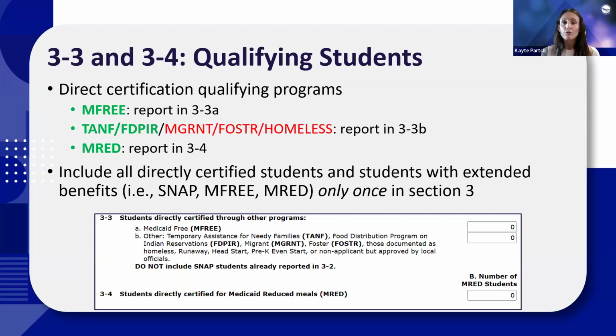Medicaid free, Medicaid reduced, SNAP, TANF, and FDPIR. But stop, do not extend benefits to other children in a household for a student who you see is directly certified or matched for migrant, foster, or homeless. And then, of course, we're going to aggregate this information and report them in the appropriate questions or categories in Section 3.